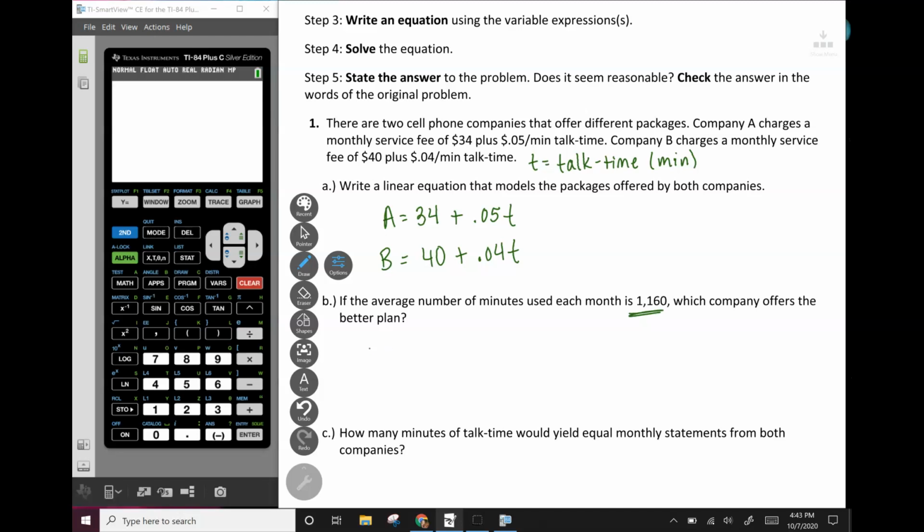So Company A is going to be 34 plus 0.05 times 1160. Then Company B is going to be 40 plus 0.04 times 1160. Okay, now we can type that into our calculator.